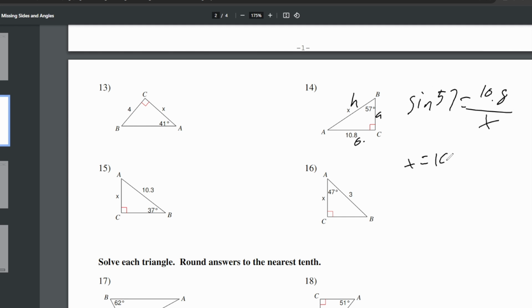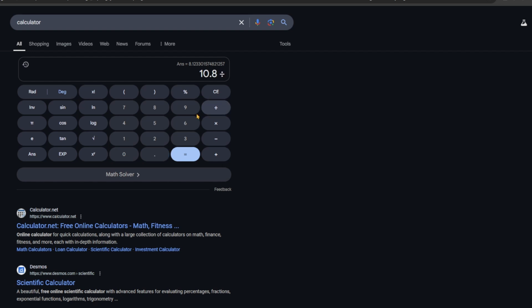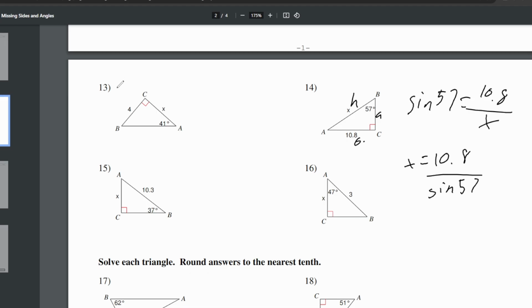X equals 10.8 over sine 57. We pop that in the calculator. 10.8 divided by sine 57. That's gonna give you 12.877, or 12.88.